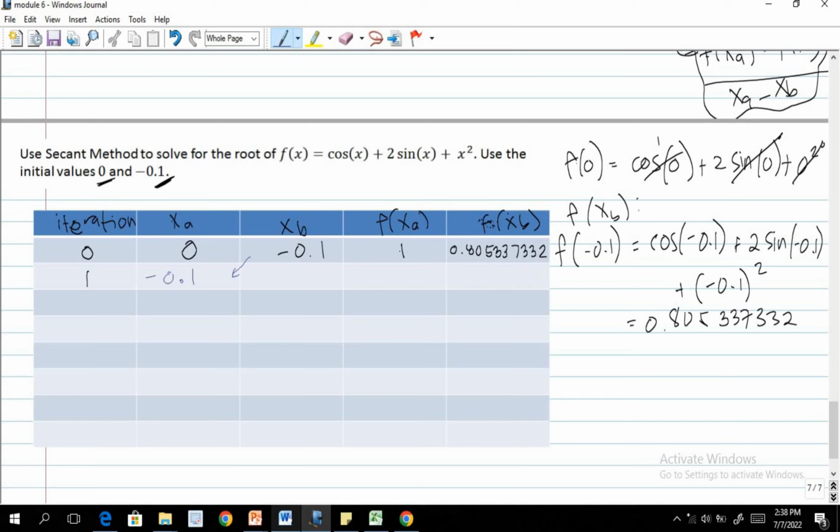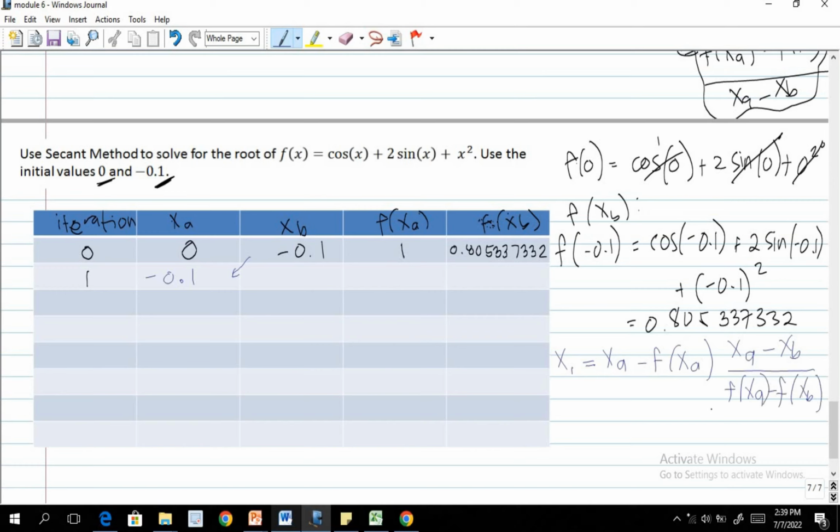Okay? Then, yung ating xb ngayon, makukuha natin siya by using the equation x1 is equal to xa minus f(xa) multiplied by xa minus xb over the function of xa minus the function of xb.